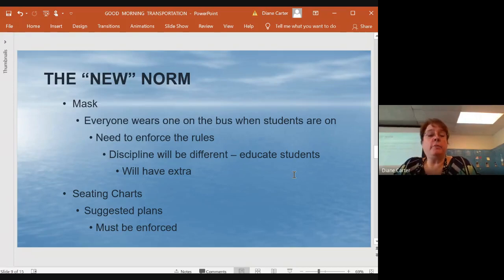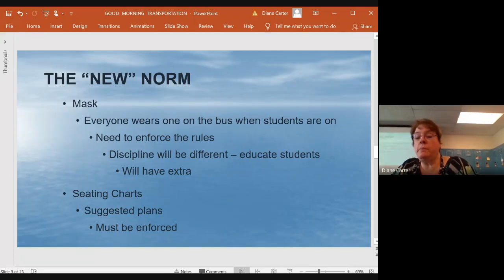On the elementary buses and the middle school and high school, they're well aware of what's going on, so they just need to be reminded how they're sitting. At the elementary level, the older the child is, the better they should also understand. Your first graders will have a little issue with it. Your second graders may have a little issue with it.